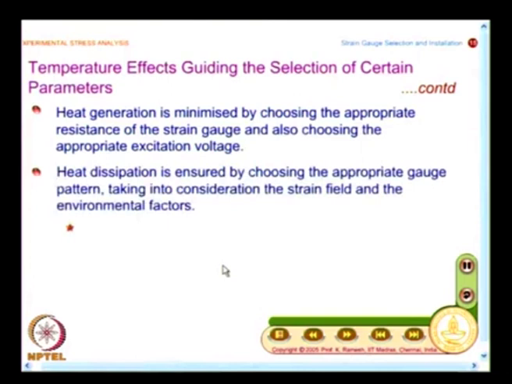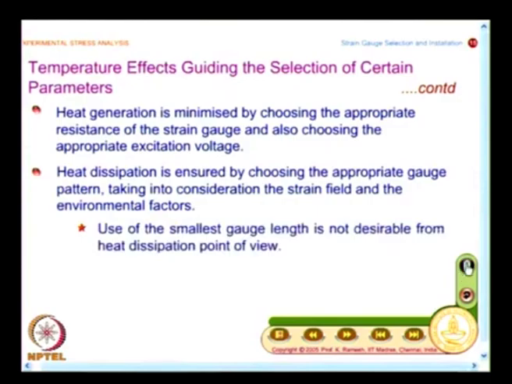So, the idea is that you need to have heat generation minimized. How do I minimize the generation of heat? You can choose an appropriate resistance of the strain gauge and also choose the appropriate excitation voltage. In 2 or 3 classes before, we have looked at how to select the bridge excitation voltage.